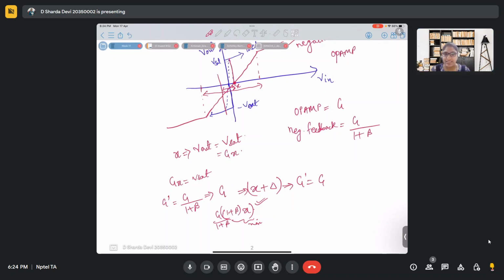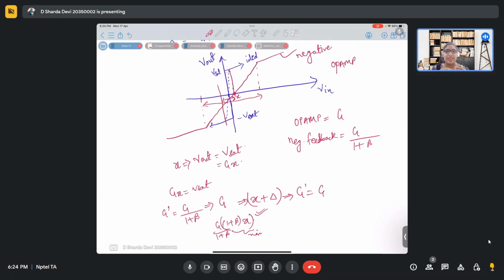Makes sense? So since my input range has increased, I can give a large range of inputs and still my op-amp will work as an amplifier and will not saturate. Otherwise, what would have happened? For this particular case, it is X1 plus beta. The range has become from minus X1 plus beta to X1 plus beta, right?